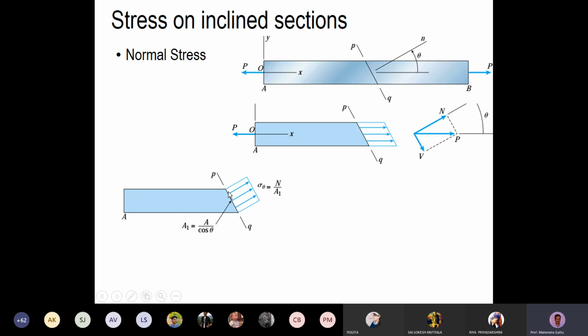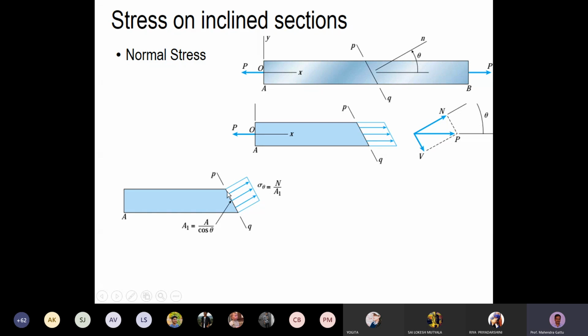We have the height H here. This angle is theta, this angle is 90 minus theta, and that angle with the vertical is theta. So this length will be H by cos theta, and the area of cross section will be HW by cos theta. We know HW is A, so the area of this inclined surface is A by cos theta.